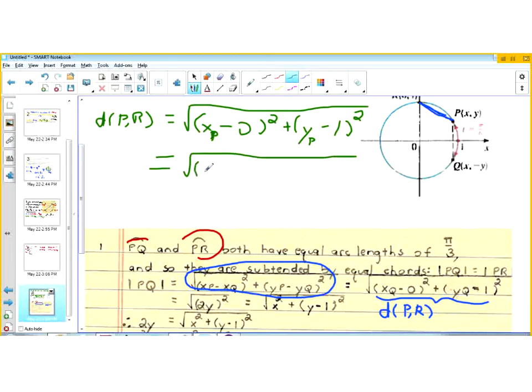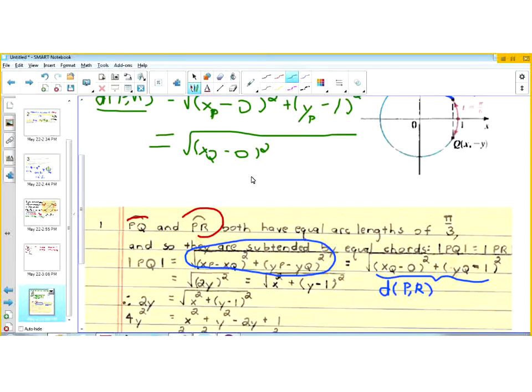So substituting in the coordinates from point Q, or expressing this distance PR in terms of the coordinates of point Q, we'll have this. And let's see, YQ, is that right? I'm not sure if that's correct. Let me see. I think that may be a mistake in my notes. Yes, you're right. That is a mistake.